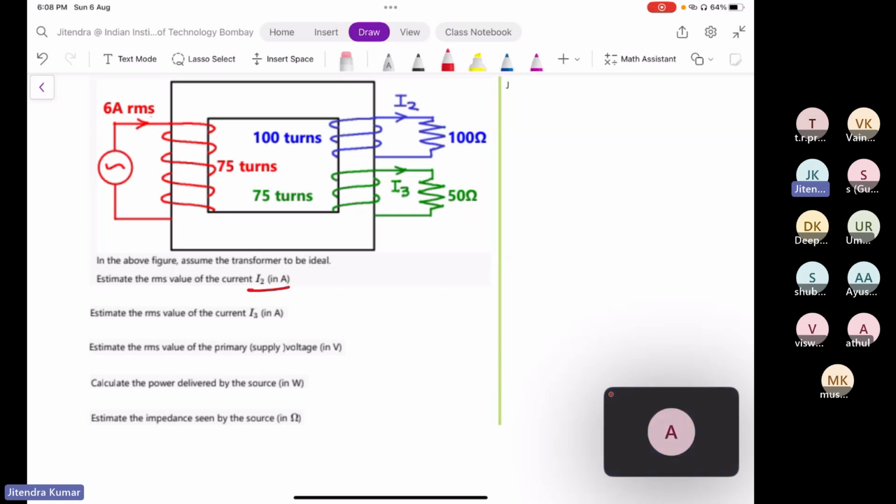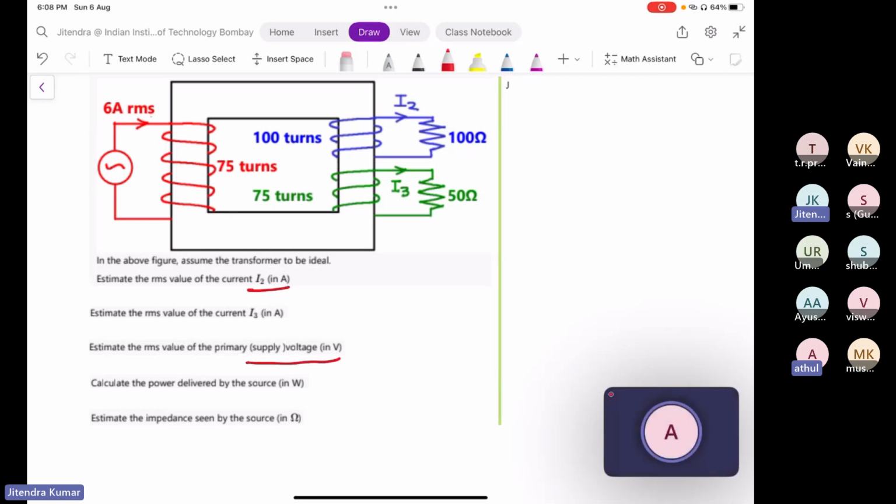Actually, the value of primary voltage is required in the third part of the same problem. But without that also you can proceed. You try to recall the concept of MMF balance. Yes, sir, N1 I1 equal to N2 I2 plus N3 I3. Exactly, that is the way to go ahead.